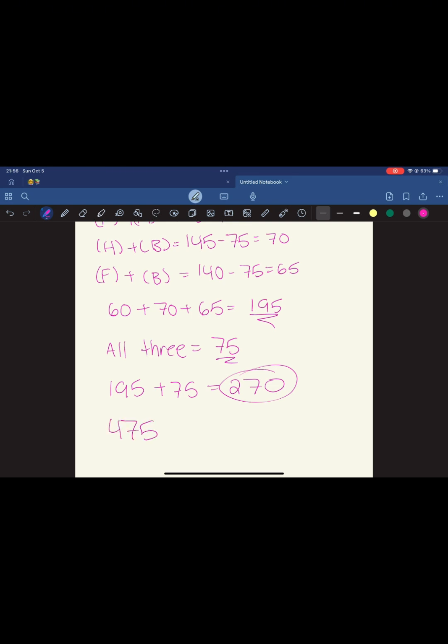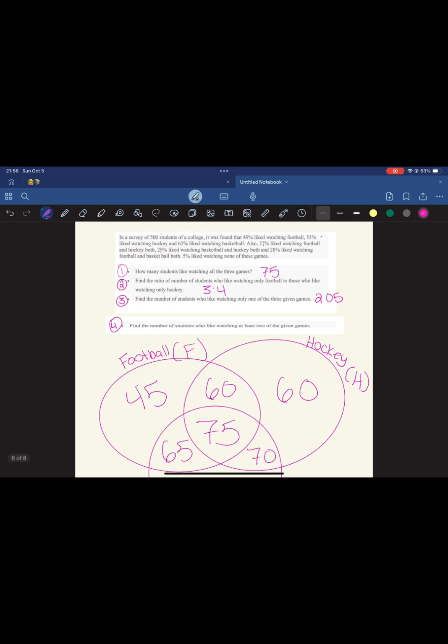And we know that because our total is 475. So if we add 205 plus 270, those two numbers, it is going to equal 475, which is our total.